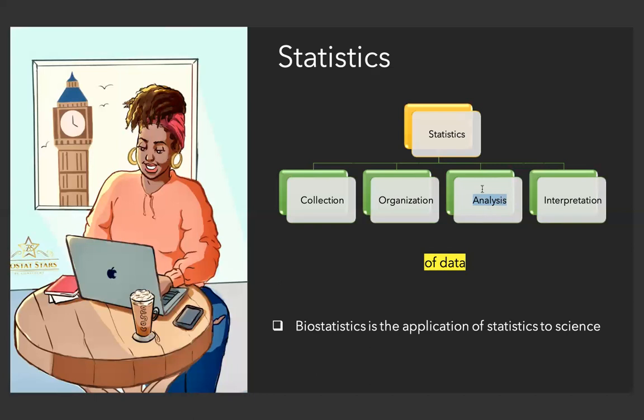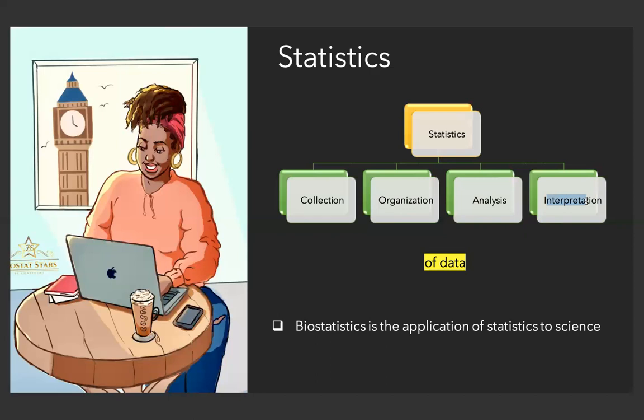After you've analyzed the data, the next step is you need to interpret this data. Interpretation of data is, are you able to make a conclusion based on the data analysis that you've done, or are you able to have a better understanding or tell a story based on the data that you have? Or are you able to make some predictions based on the data that you have?